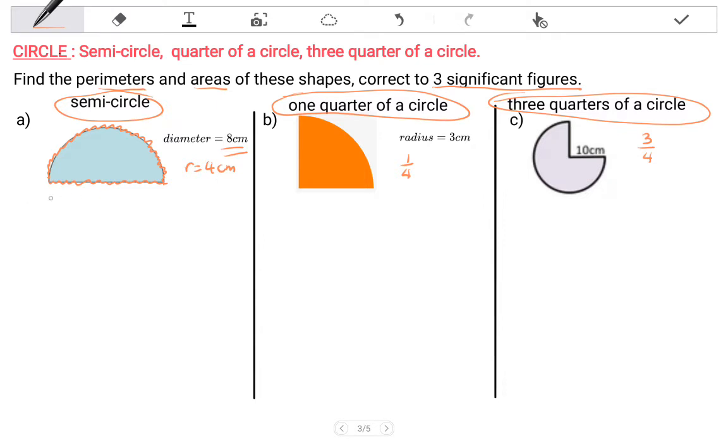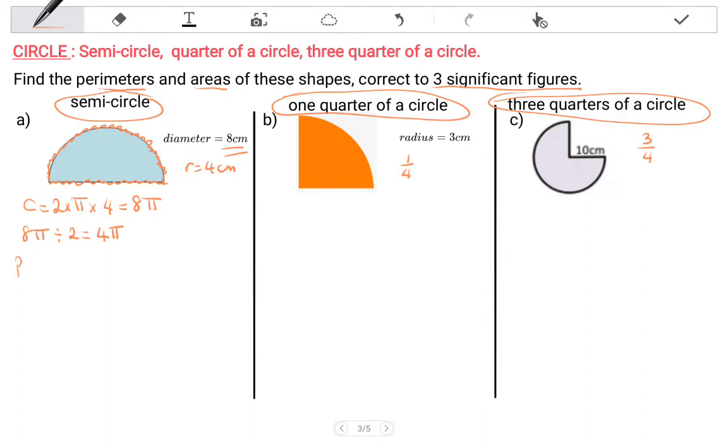So if it was a whole circle, its circumference is going to be 2 times pi times r, which is 4, and it was 8 pi. But obviously it is not a whole circle. I'm going to divide this 8 pi by 2 because it's a half of it. So 4 pi is the length of this curved length.